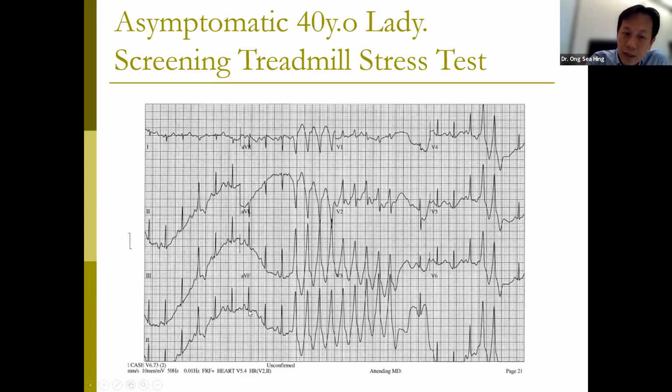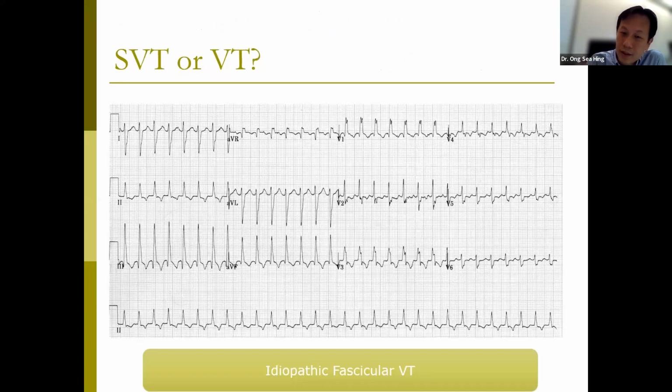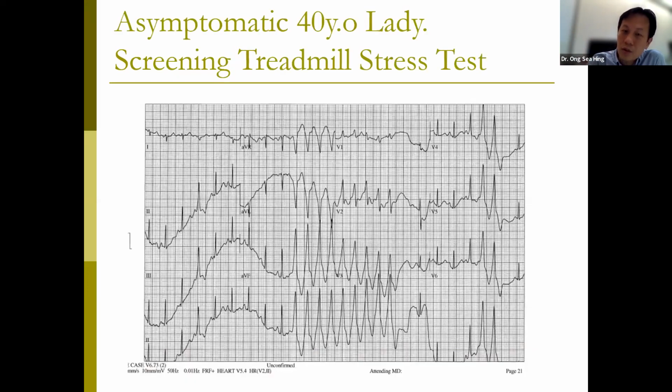And if you look at lead 2, which tells you the axis, it's pointing downwards. So this is the same condition as idiopathic left ventricular VT or fascicular VT. And every time she exercises, because of the catecholamine and the adrenaline, it induces the VT. Okay. So she had an ablation done recently, which was successful, and hopefully she doesn't have this coming back again.